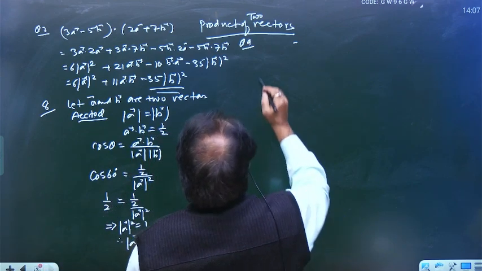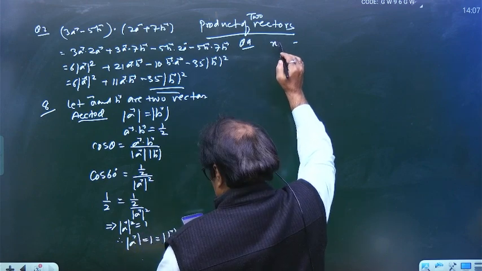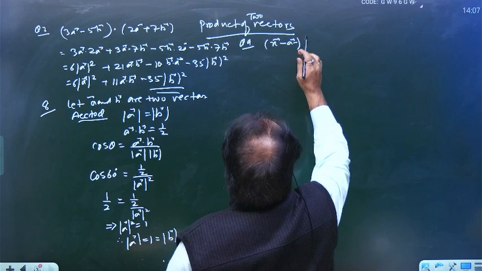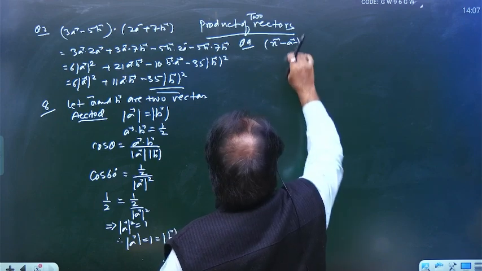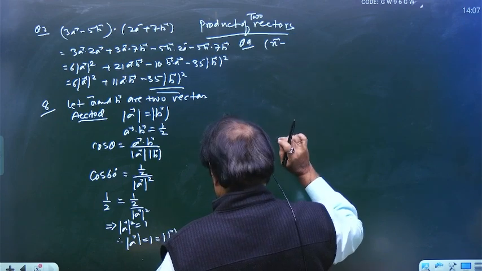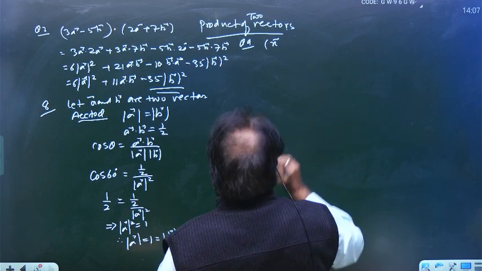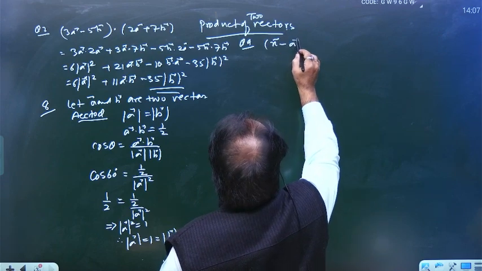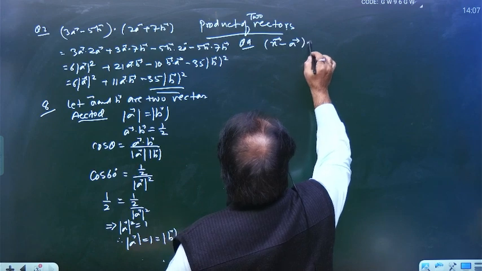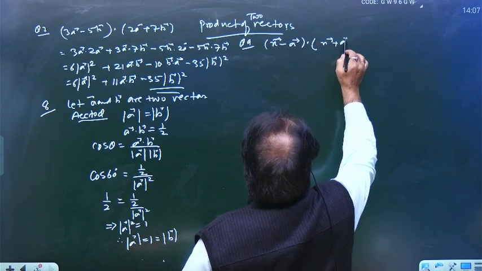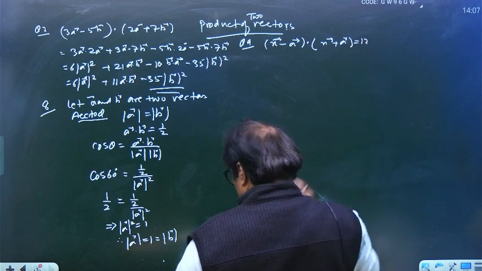So x minus a vector dot x plus a vector is given as 12.